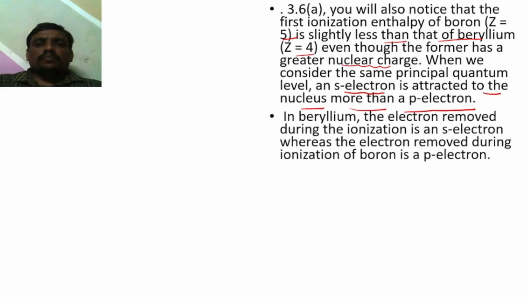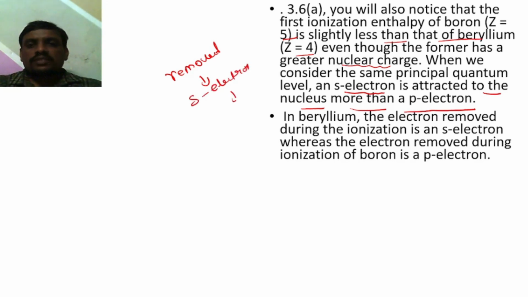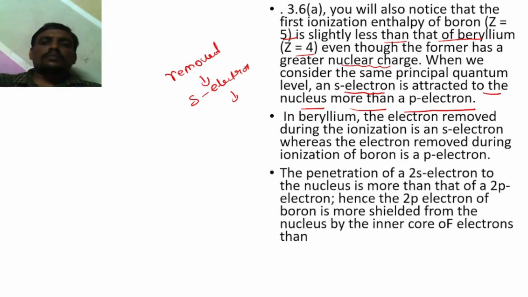In beryllium, the electron removed during ionization is an s electron, whereas the electron removed during ionization in boron is a p electron, which is present in the p shell.